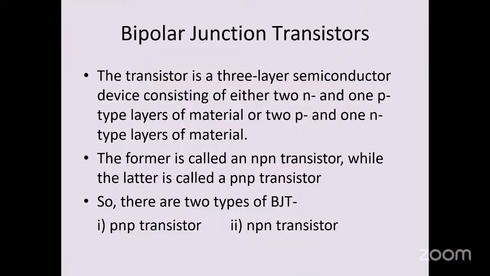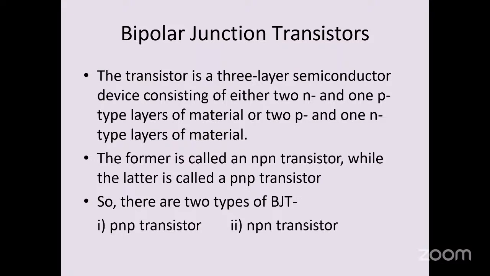So today we will discuss the BJT. BJT means bipolar junction transistor. Here the transistor is a three-layer semiconducting device. That means it consists of either two N and one P layers of materials, or else two P and one N type layers of materials.